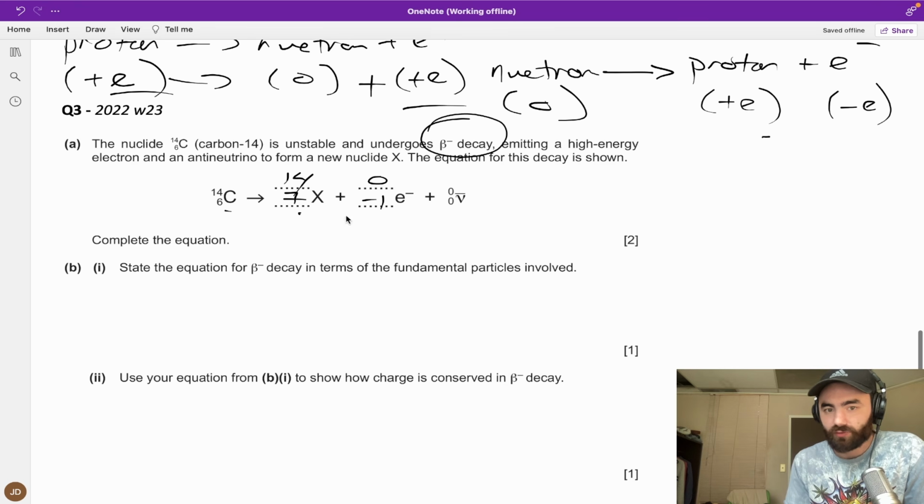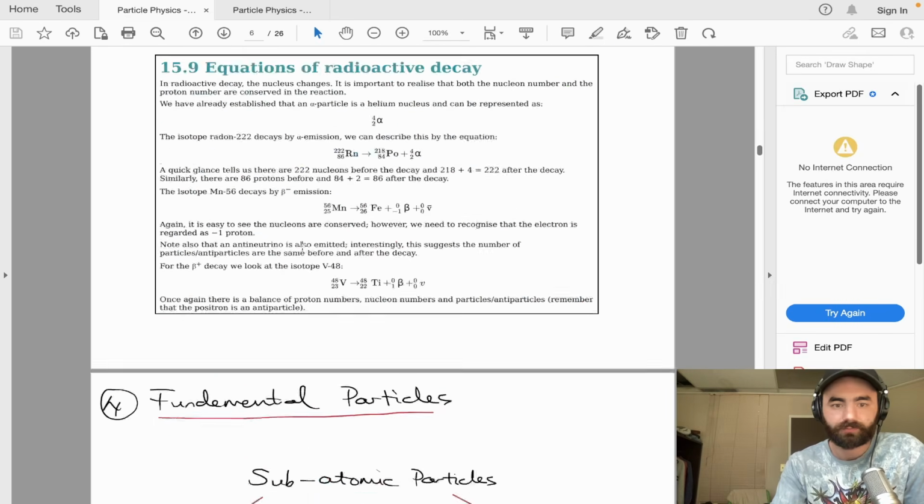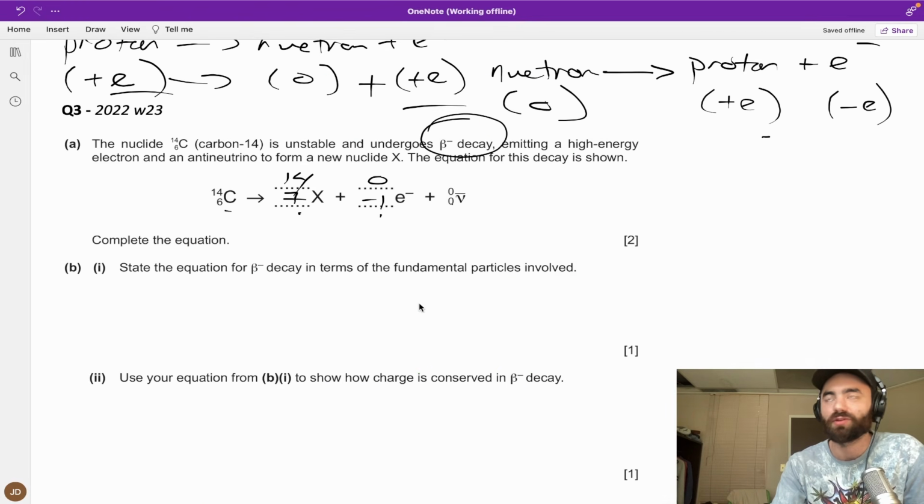This will also conserve these things. So minus 1 plus 7 is 6. 0 plus 14 is 14. And then we have this antineutrino here with 0, 0. This is due to the energy distribution, which I showed here. Read through this. This is why we need to look for this thing.